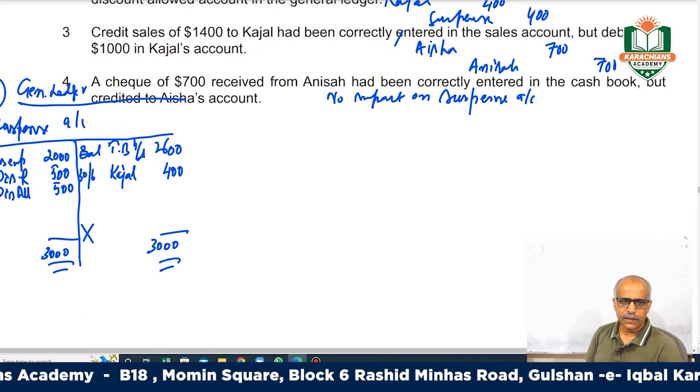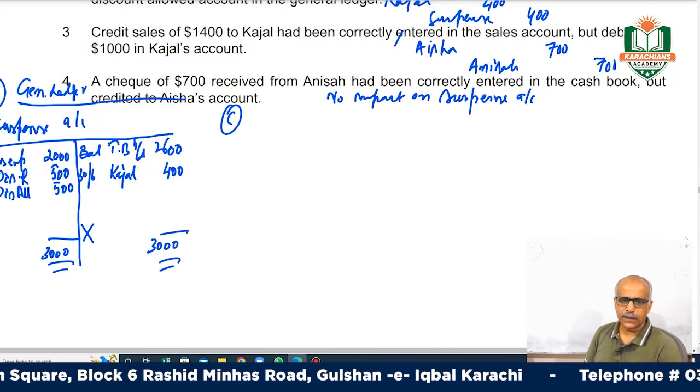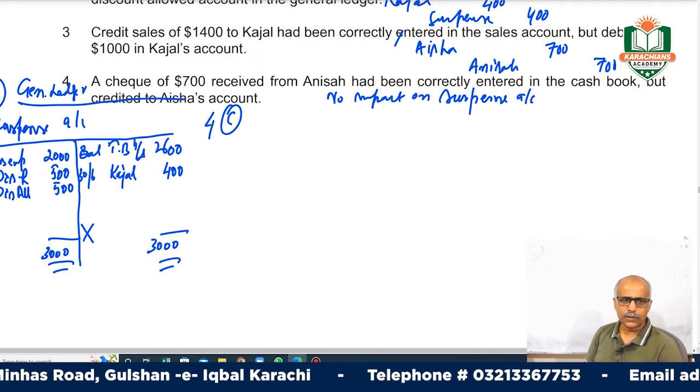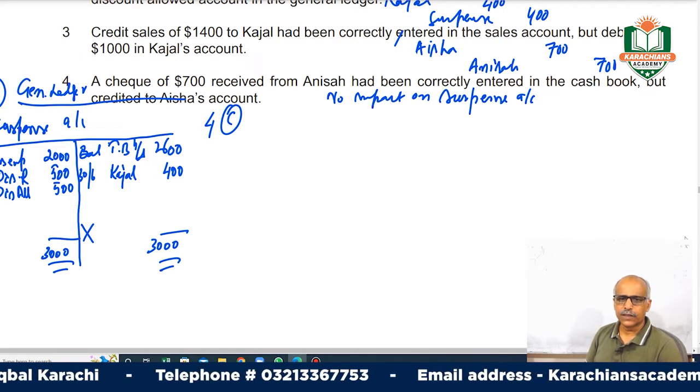Now the second, C. What he has asked you in 4C is to make a reconciliation statement.